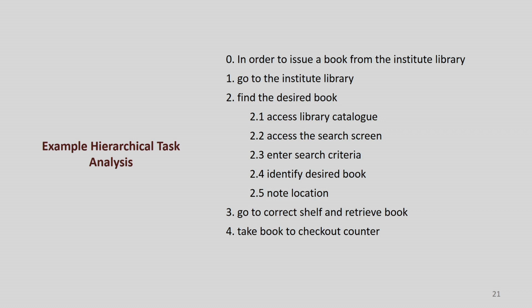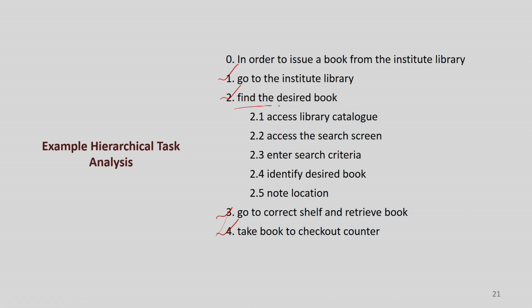I will go to my institute library, find the desired book, go to the correct shelf, retrieve that particular book and take it to check it out. So, 1, 2, 3, 4. These are the 4 steps I will be following.